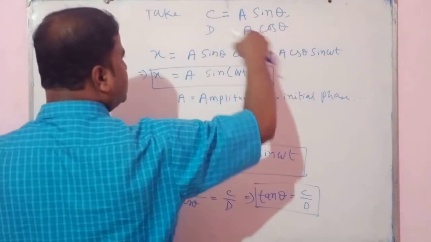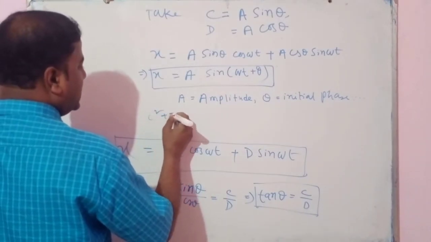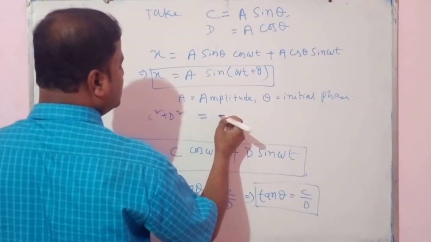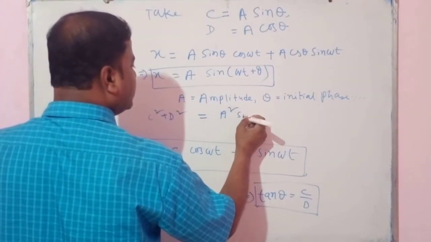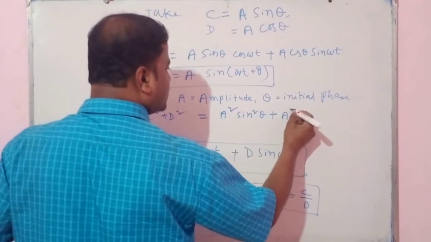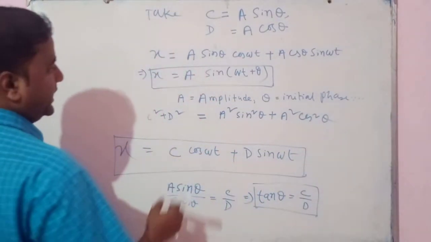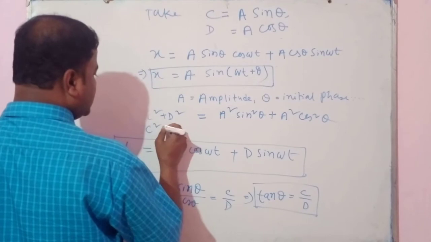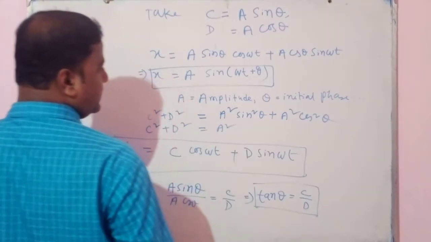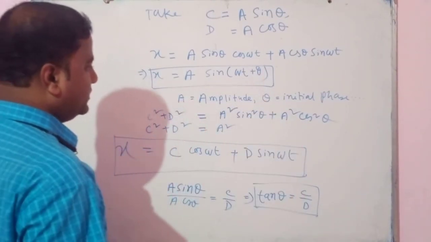If we square these two terms and add them, then we get c square plus d square equal to A square sin square theta plus A square cos square theta, and we get c square plus d square equal to A square, that is sin square theta plus cos square theta equal to 1.